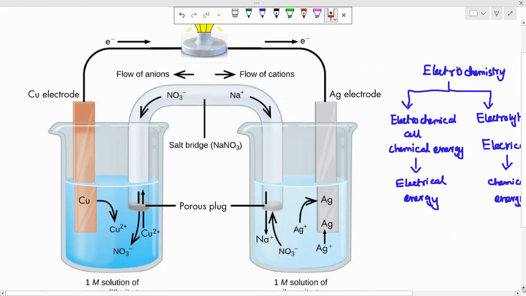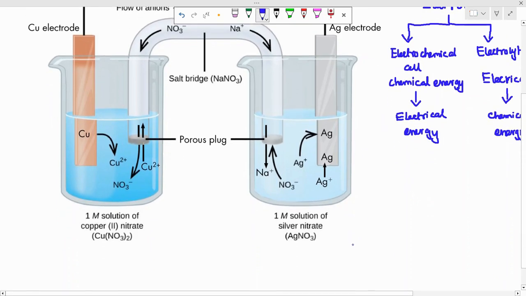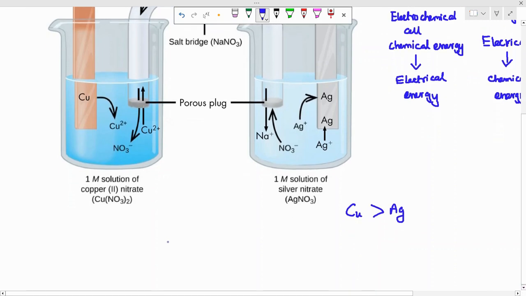In the case of reactivity, which is more reactive actually, copper or Ag? Ag will be the less reactive one. How can I find that out? From the reduction potential series you can find out. If you analyze the Cu2 plus solution, when you add two electrons, this is called the reduction reaction.